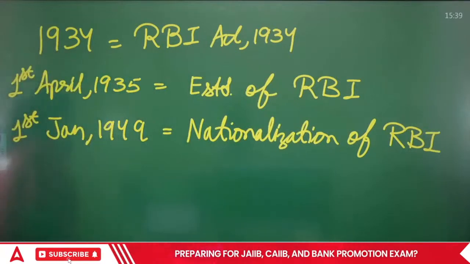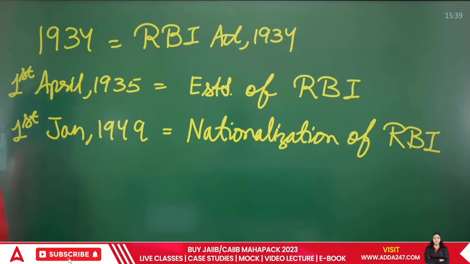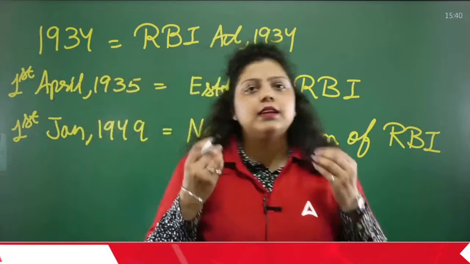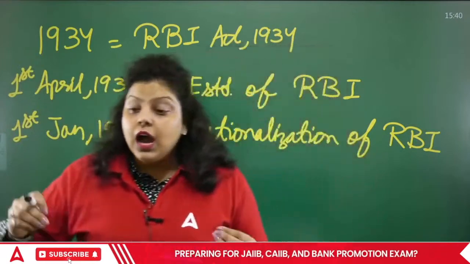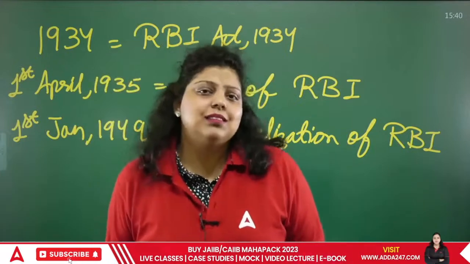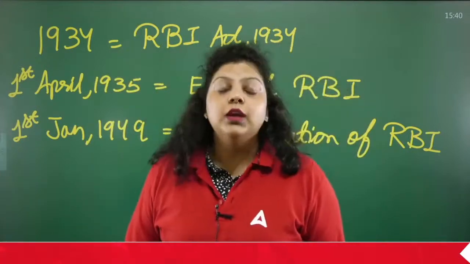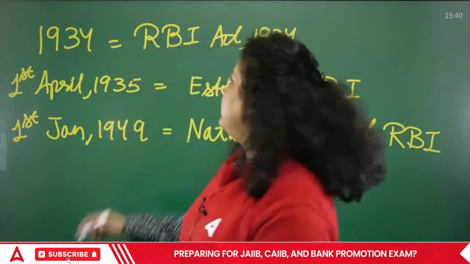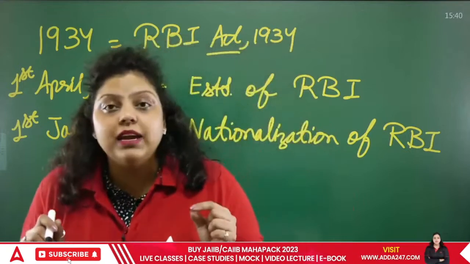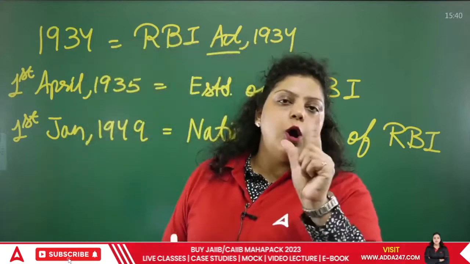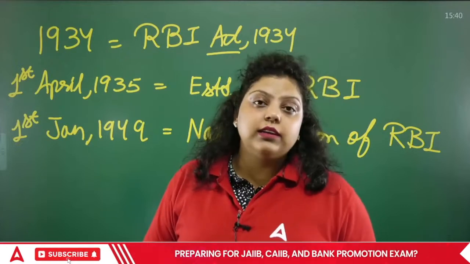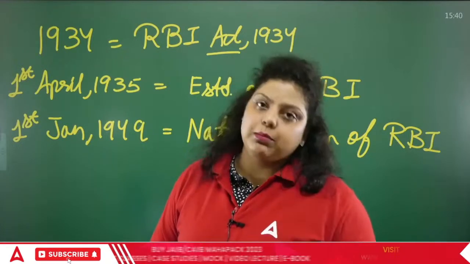Now next, if I am talking about nationalization of RBI, it became the Bank of the Government of India. So can I say that now whatever the government says, RBI has to follow, whether it is right or wrong, because it's a government-owned bank now? The answer will be no. The reason behind it is this act. RBI has its own act, so RBI will take its own decision on the basis of the Central Board of Directors of RBI, and the Central Board of Directors covers 21 members.